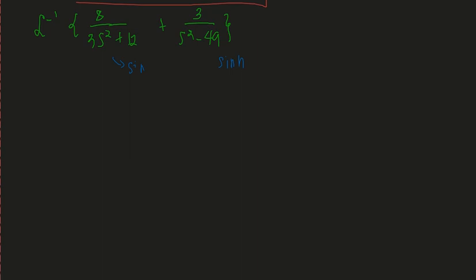So applying the concept of linearity, pwede kita maka-perform. So we will have, pag ako ang 8, so this is equal to 8. Then we will have inverse Laplace transform of 1 all over 3s squared plus 12 plus. So pag ako ang 3, we will have inverse Laplace transform of 1 all over s squared minus 49.